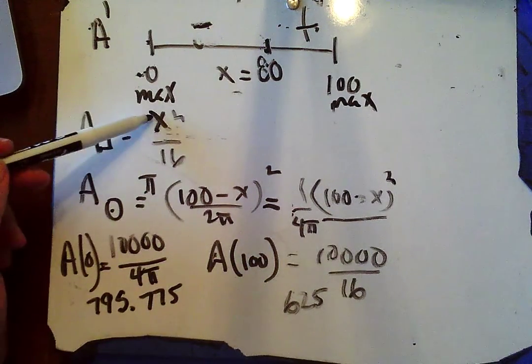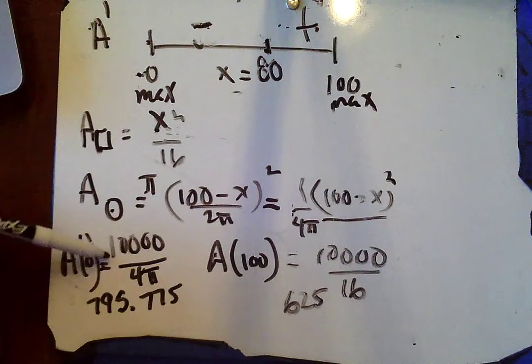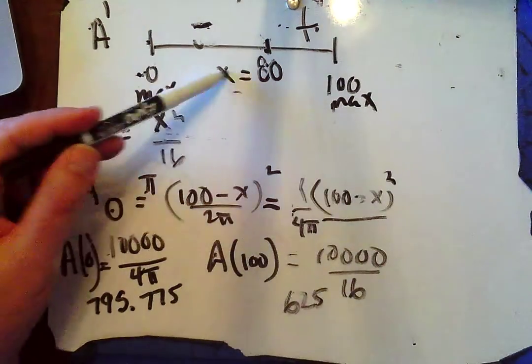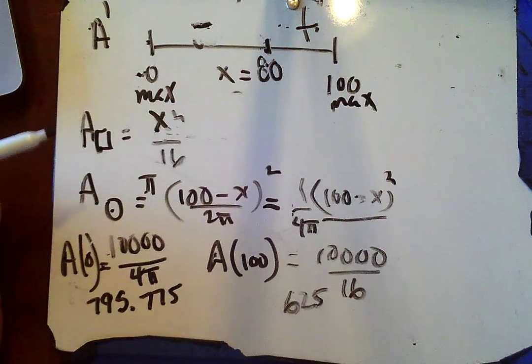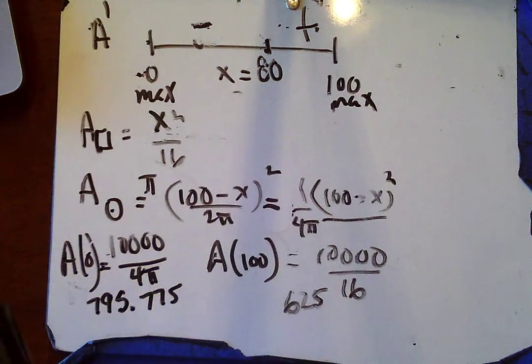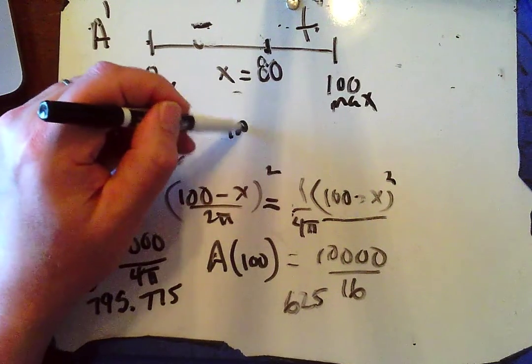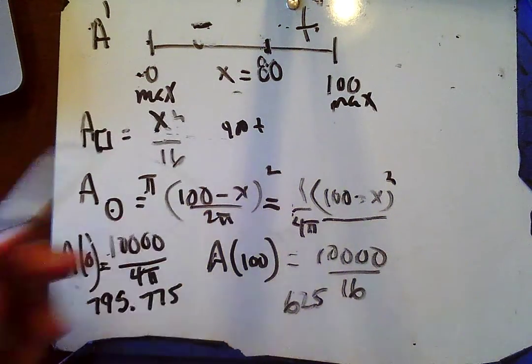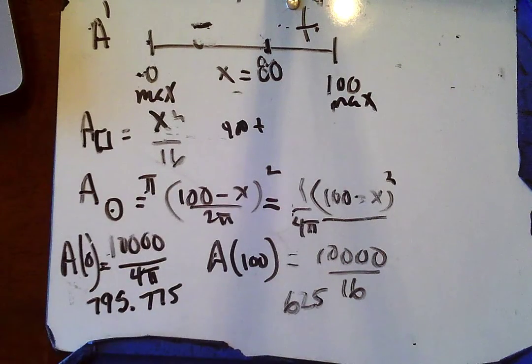And what was it when we had x at 80? Oh, we had a min, so I don't really care. Though I kind of care. It was when x was 80, so 80 squared divided by 16, it's going to be 400, plus 100 minus 80 is 20, 20 squared is 400, I have 400 times pi divided by 4 pi squared.